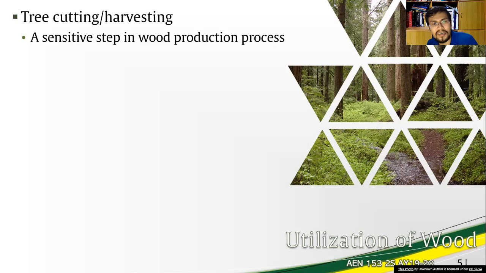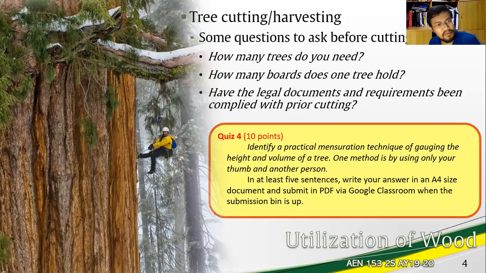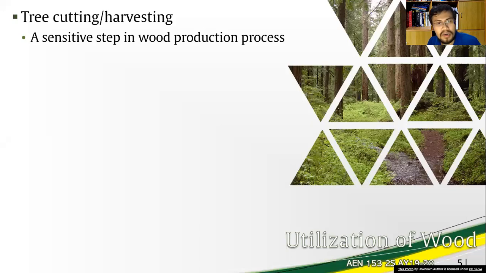It's a giant sequoia. How many people were there? I don't know, but I don't think one person can. How many people will be needed to fill up the circumference of that giant sequoia tree? Well, probably 100. But so yeah, why is it a sensitive step? Or why is it a sensitive process?